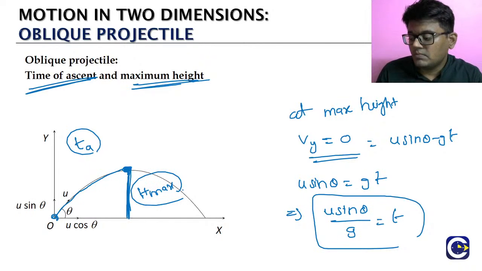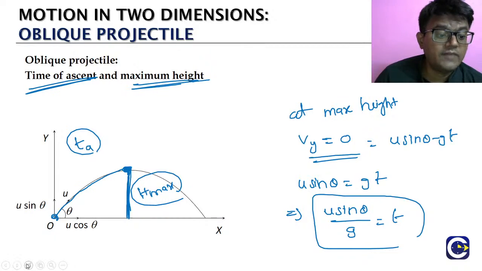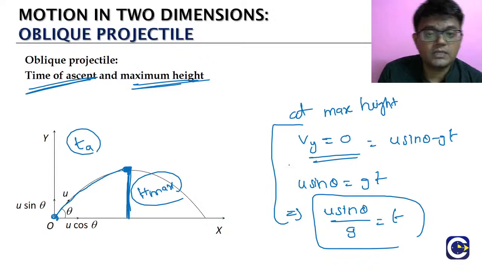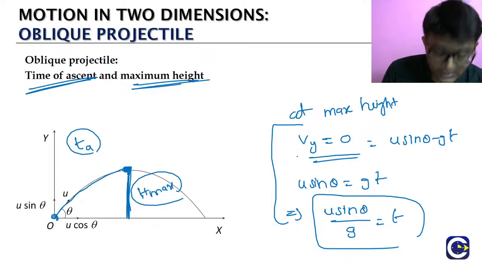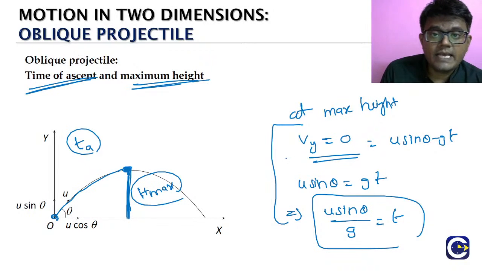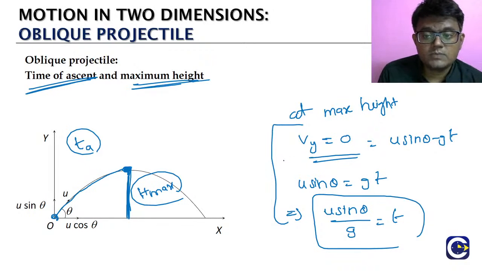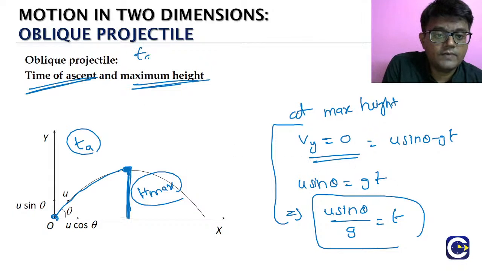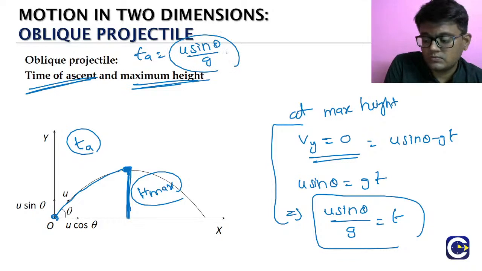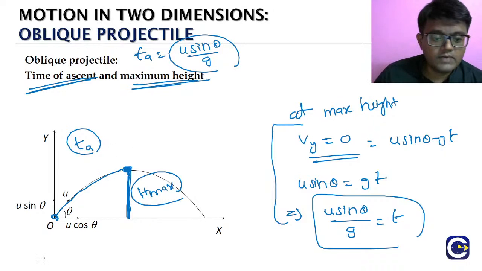So time of ascent is the time it takes for the projectile to go from the point of projection to the maximum height, and we find the value using this condition: when it comes to maximum height, the vertical component of velocity must become 0. So the time of ascent is u sin theta by g, and we keep these values so that we can use them whenever required.